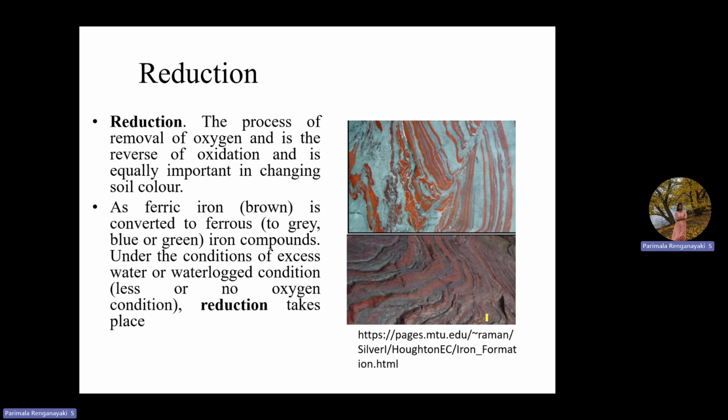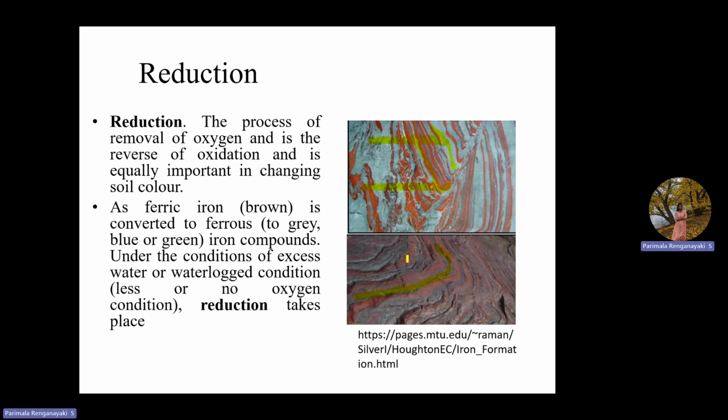The process of removal of oxygen is the reverse of oxidation, and is equally important in changing soil color. For example, a ferric ion, brown, is converted into ferrous, gray. You can see here the brown color is getting converted into blue or gray.